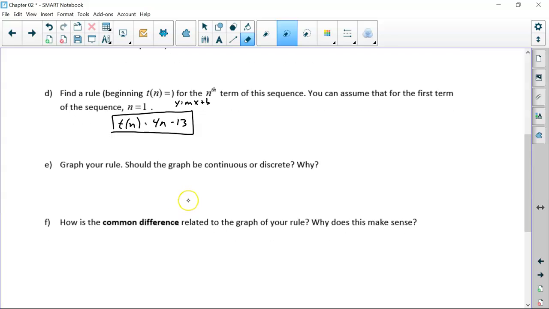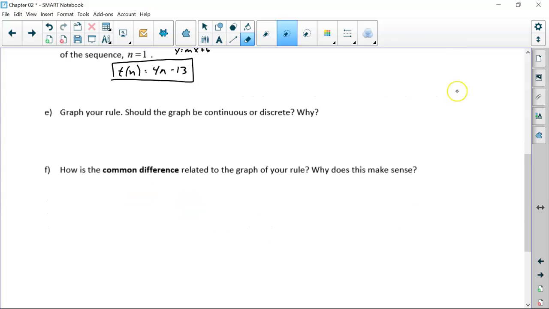We're going to graph this. I'm going to go by 2's here just to make sure it fits. So we're going to be at 0, -13. Then we're going to be at -9, -5.